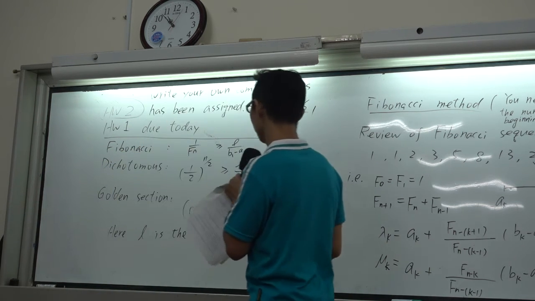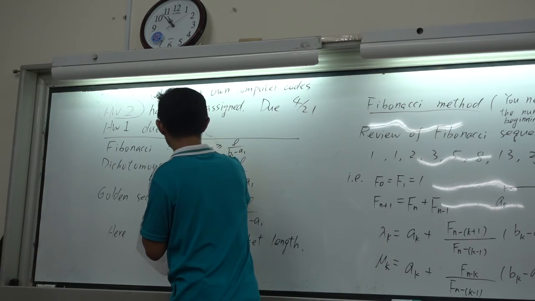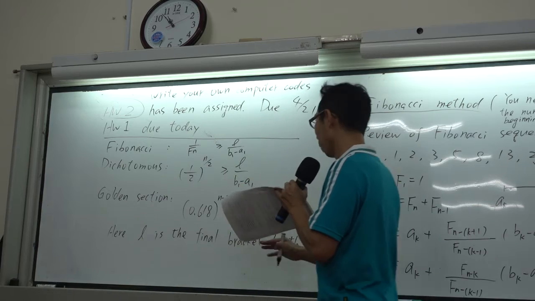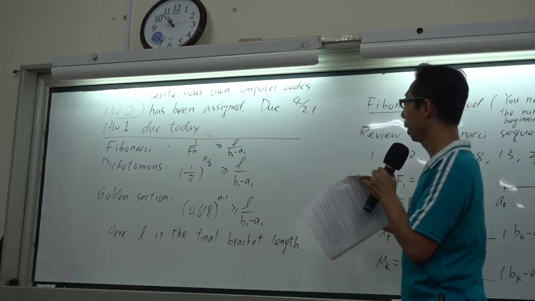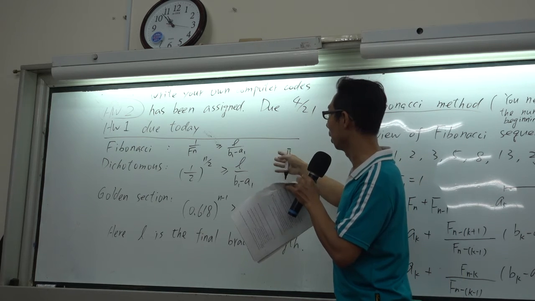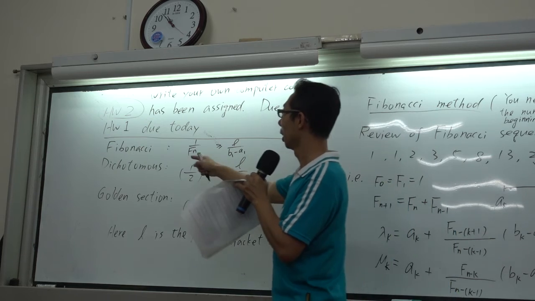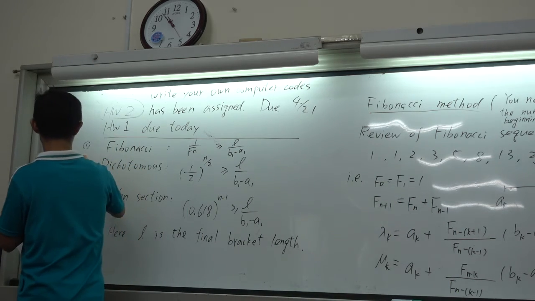Okay? I know it might be hard to see what kind of number this is. Okay? But anyways, if you try to compute this using some calculator, you will see that this is the fastest. Okay?